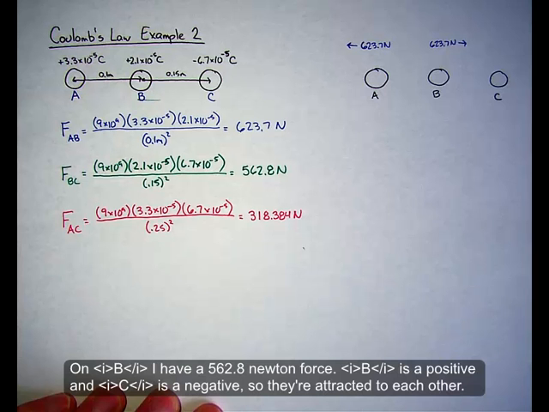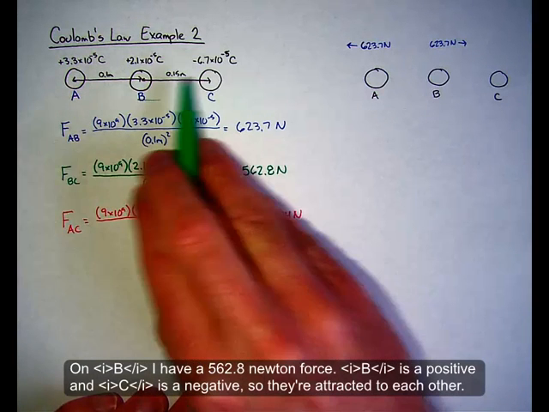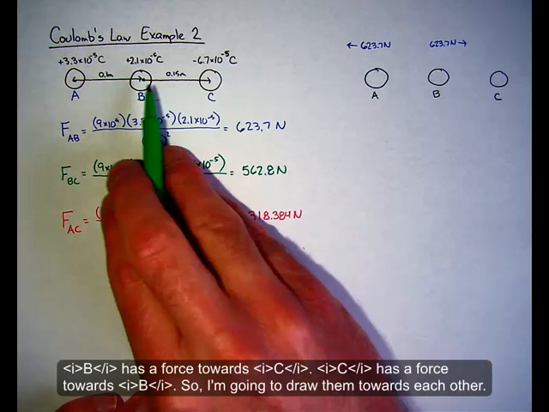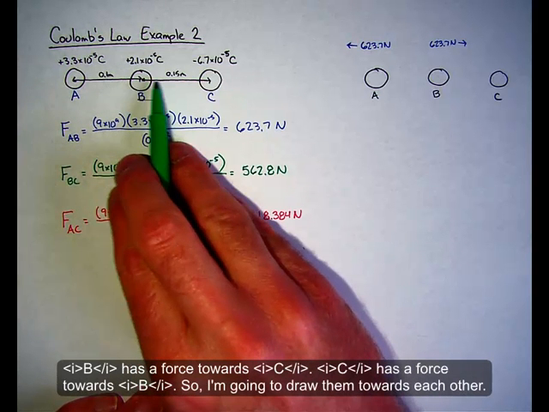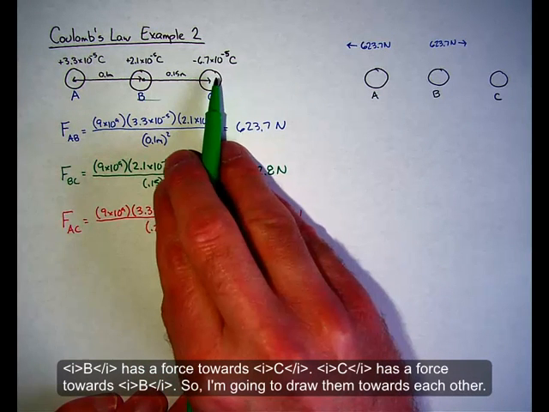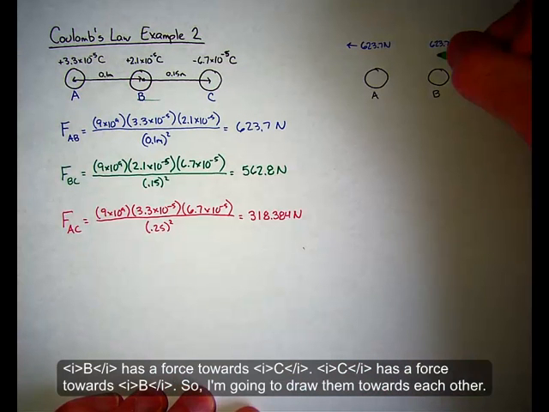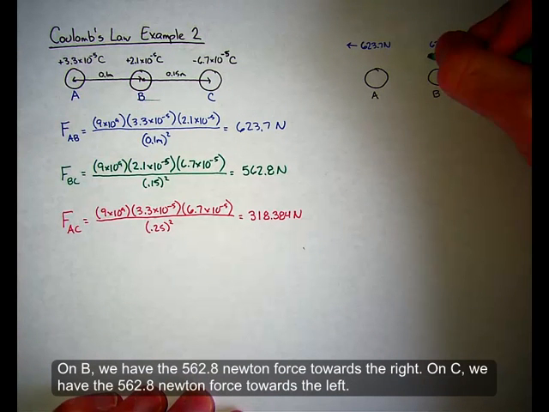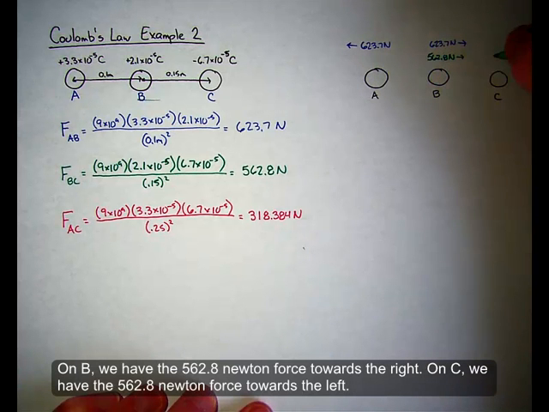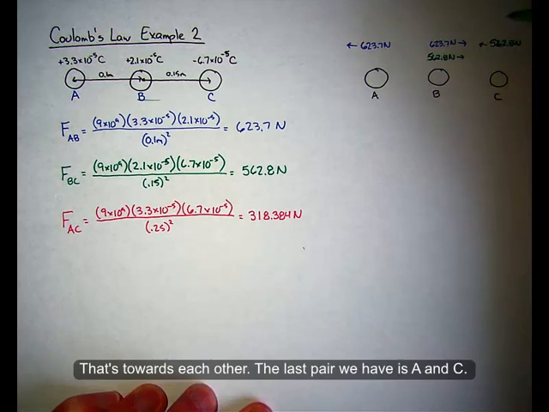Then if I look at B and C, I have this 562.8 newton force. But B is a positive charge, C is a negative charge, so they're attracted to each other. So B has a force towards C, C has a force towards B. So I'm going to draw them in the directions towards each other. So on B, we have a 562.8 newton force to the right. On C, we have a 562.8 newton force to the left. So that's towards each other.